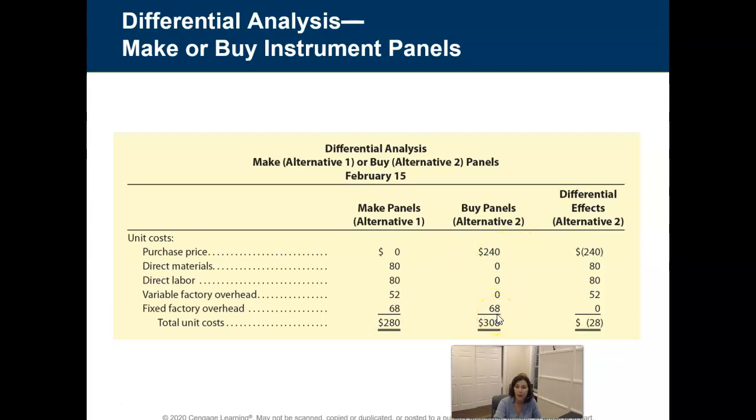By the time we've added the fixed costs, those are costing us $308 per panel. So in the end, despite the fact that buying the panels on its face might seem cheaper, by the time we have allocated our fixed costs to the panels, it's actually more expensive to buy them than it is to make them.